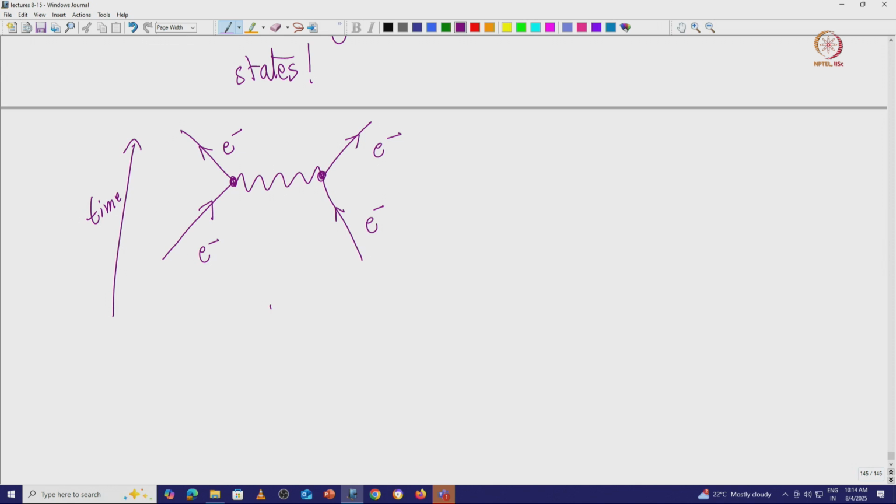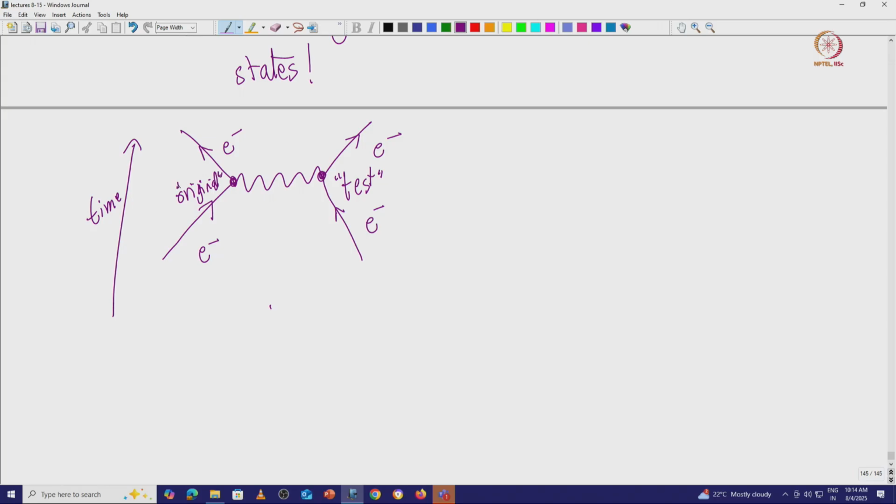Because we are in a relativistic theory, there is no longer action at a distance. You need a particle which travels from that particular point to this particular point. So if you put this as your test electron, this is the original electron.